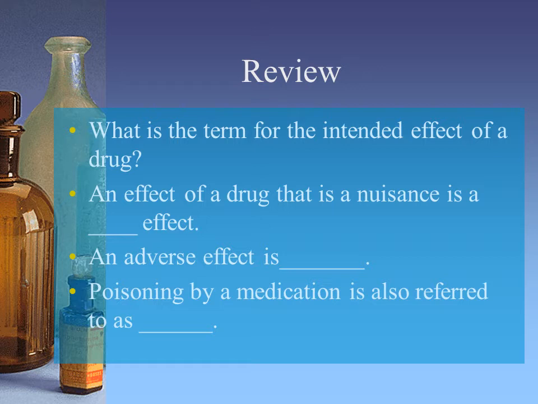Okay, time for a short review of the topics we just talked about. So what is the term for the intended effect of a drug? The answer is the therapeutic effect. An effect of a drug that is a nuisance is a side effect.